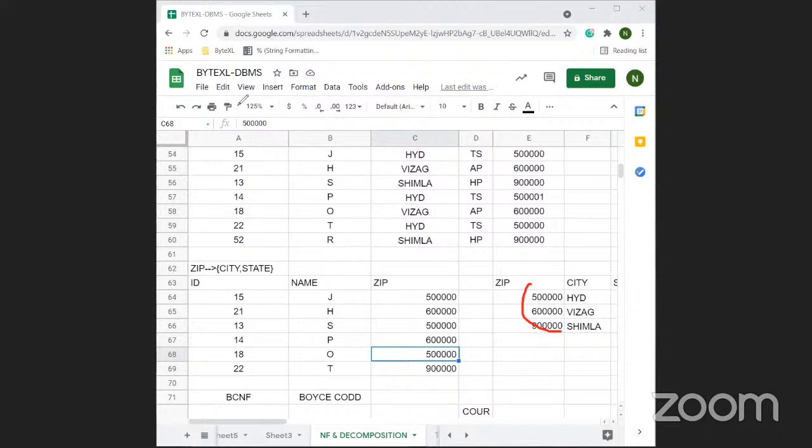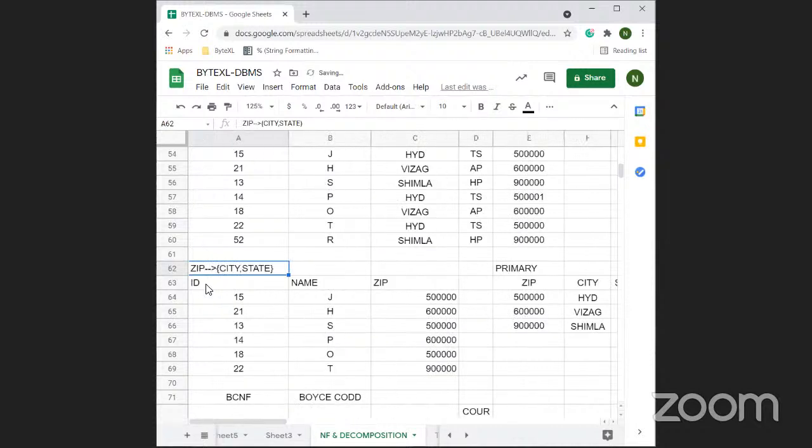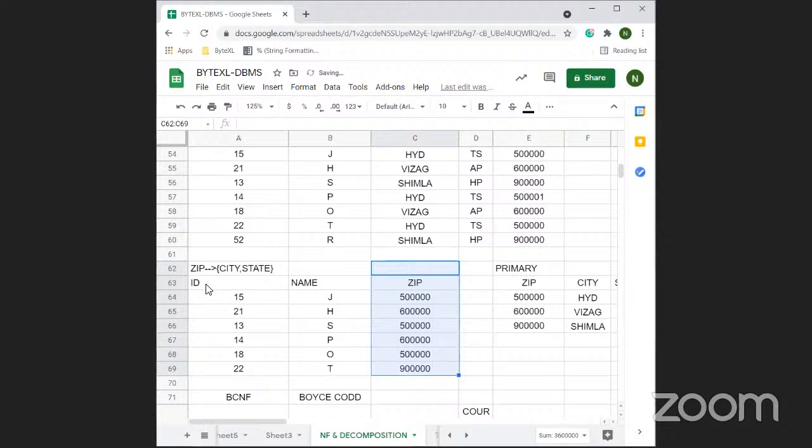Now this is called foreign key. That means in this table, zip is a primary key, but in this one zip is nothing actually. So here zip is called a foreign key.